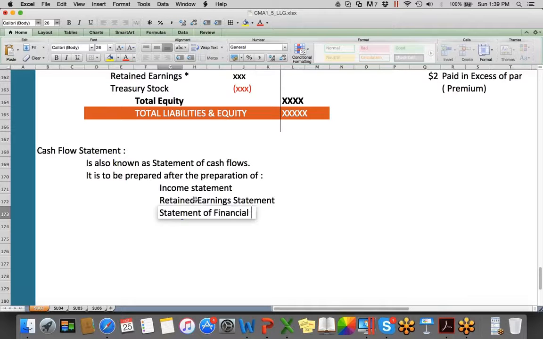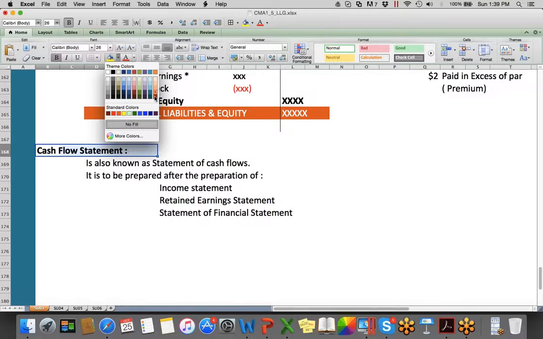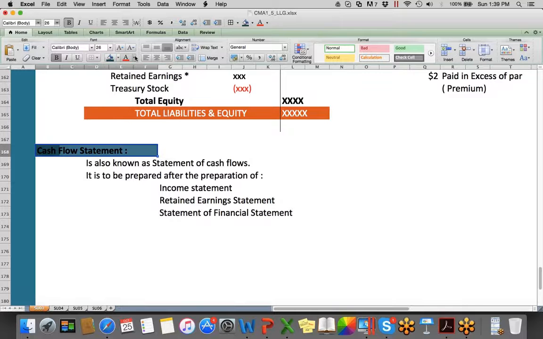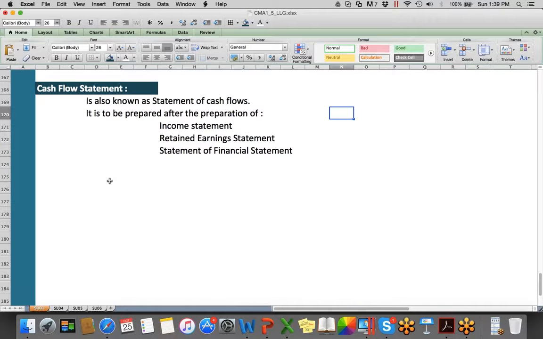Without these statements, you cannot prepare cash flow statement. So first of all, to prepare cash flow statement, you must prepare these three statements because the outcome of those statements only will be used in the cash flow statement.